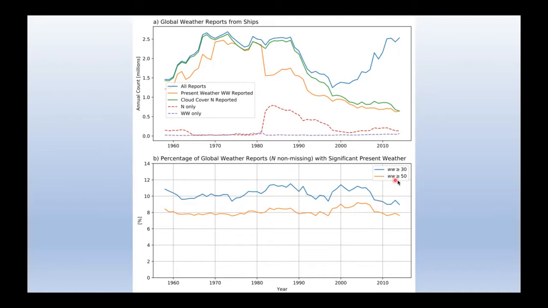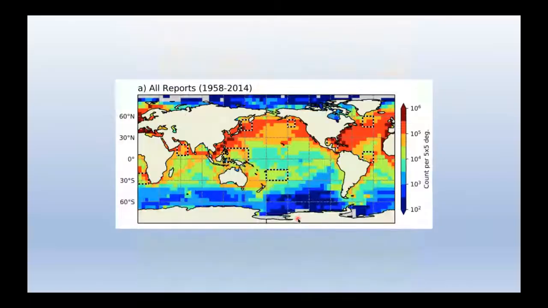And if you limit it just to precipitating reports, it's again a fairly steady fraction globally with a few fluctuations up and down. And so these plots here suggest to me that once you make the correction for who's reporting cloud cover and all of that, you might actually have something which is a little bit more robust and you can rely on to look at more regional trends.